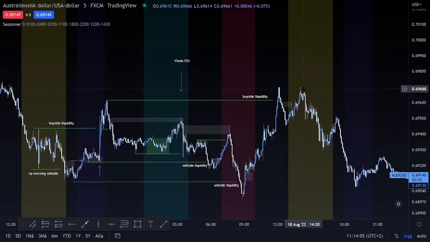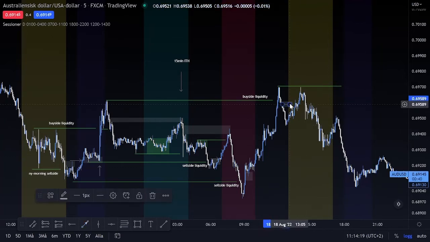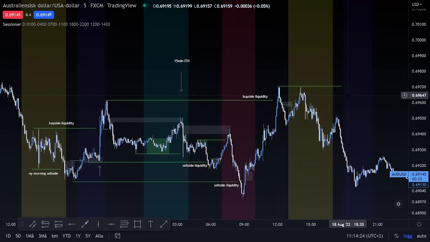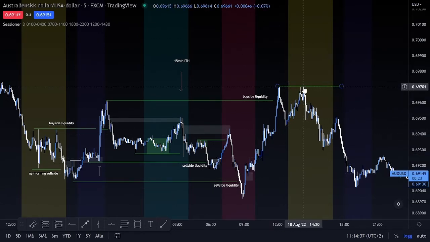and pushing higher, creating what? Equal highs. So this is not a high probability sell, maybe I'm showing it, just because we have taken out this buy side pool here, because we have no market structure shift. But anyway, going forwards, price comes up once more here, then we have a breakdown.